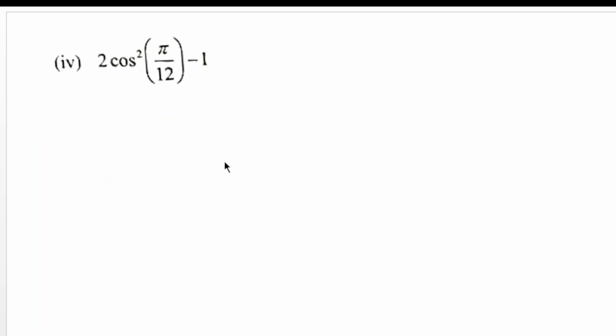So let's move toward the next question in front of us. You have to just think about the formula as you learned already. This is the fourth part. Let me write the formula again: cos 2 alpha is equal to 2 cos square alpha minus 1. Let's write the solution. What is alpha over here? That is pi by 12.